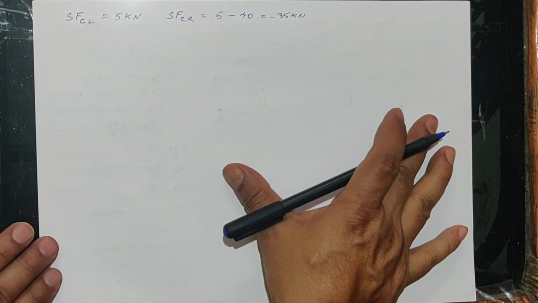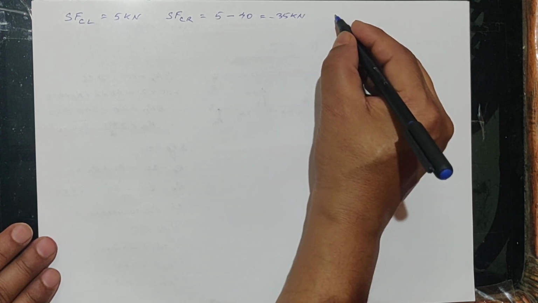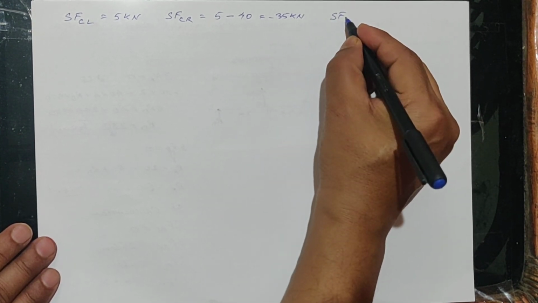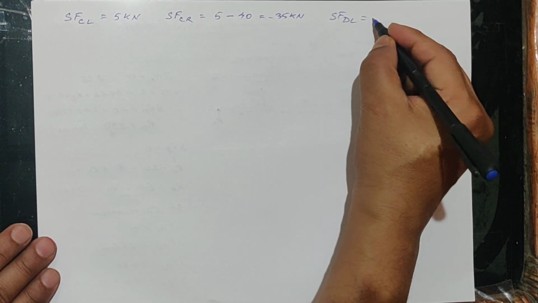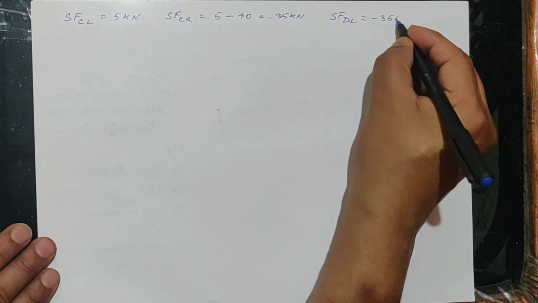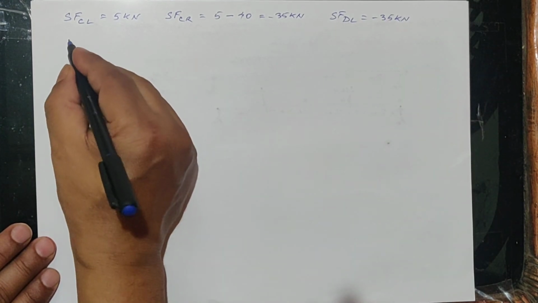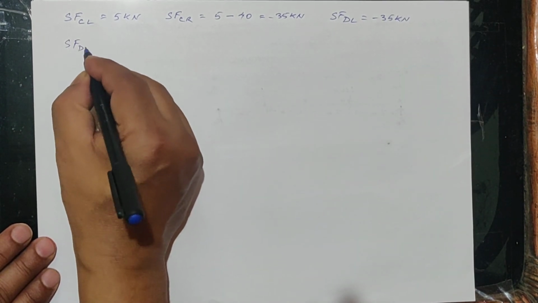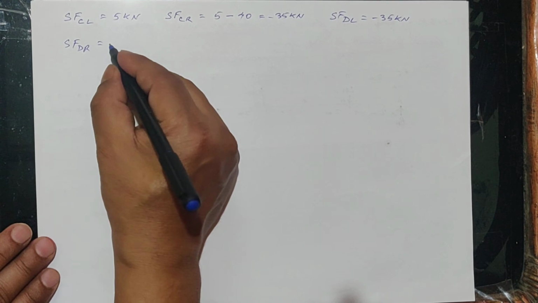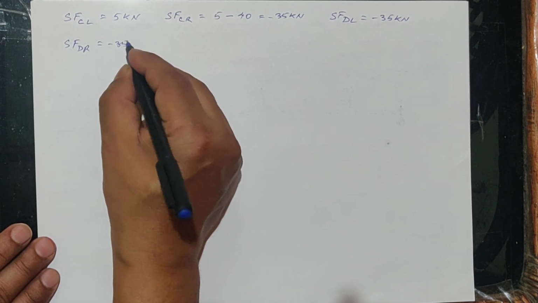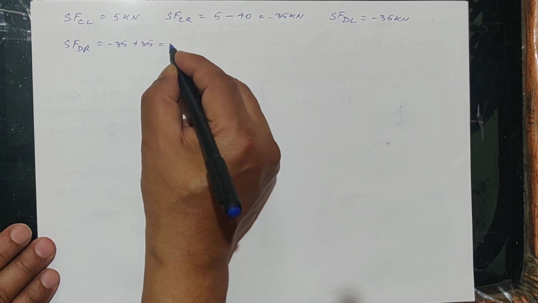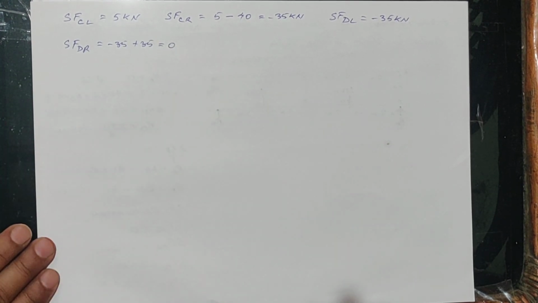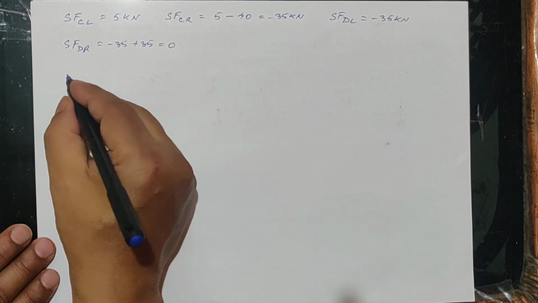And SF at D left, that is minus 35 will continue. SF at D right, that is equal to minus 35 plus 35, that is equal to 0. Now we will do the BM calculations.